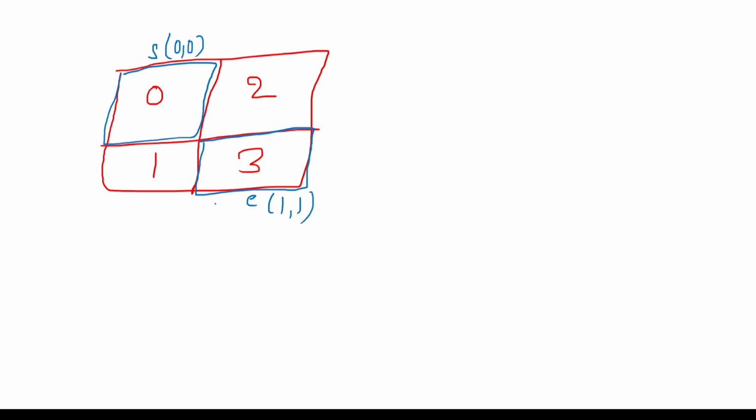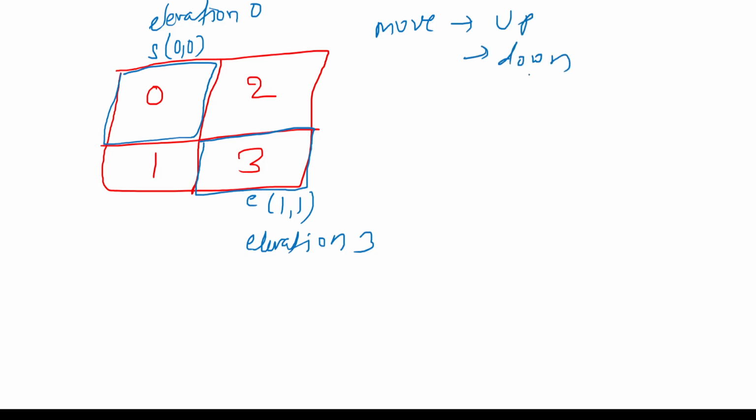This elevation is 0 and this elevation is 3, with values 0, 1, 2 and 3. Once you are at the start, you can move up, down, left and right.